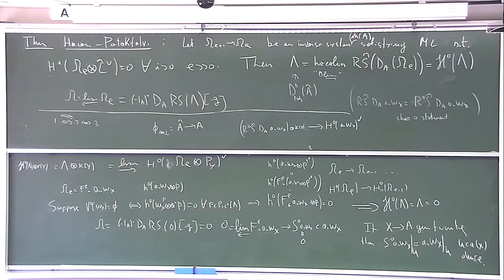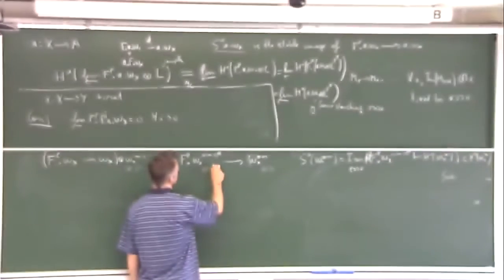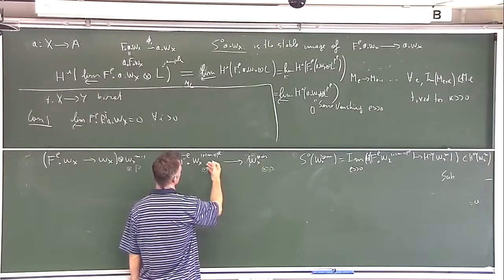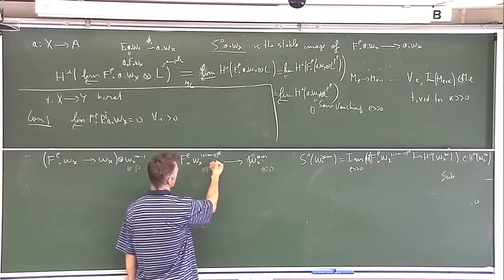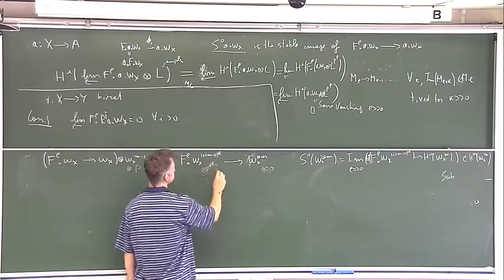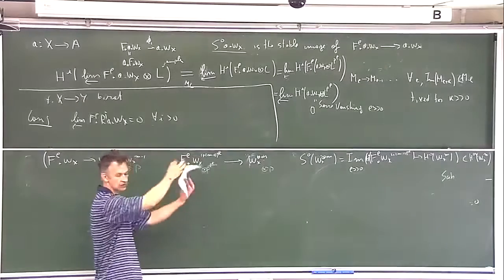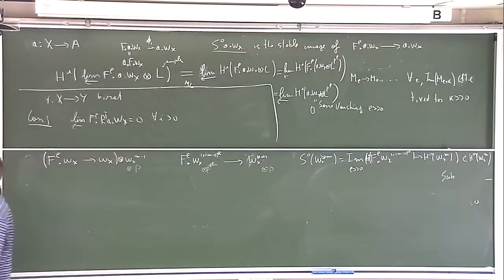If I wanted, I could twist by another line bundle, for example, P here, and here I would have a tensor P to the (1 plus (m minus 1) p to the e). You can do the same exact thing. It just depends how much notation you're willing to carry on.